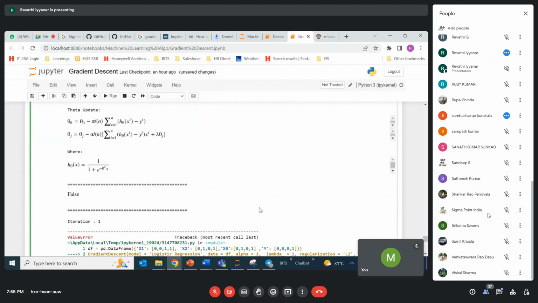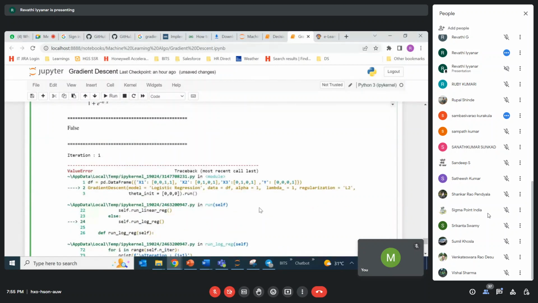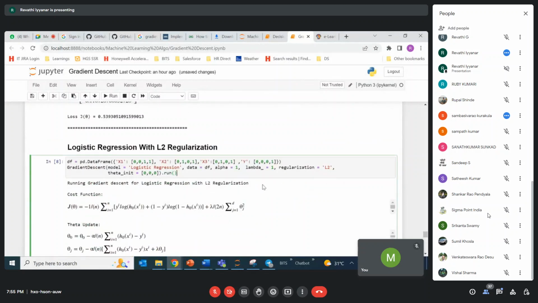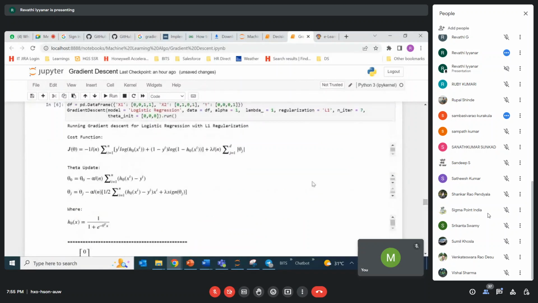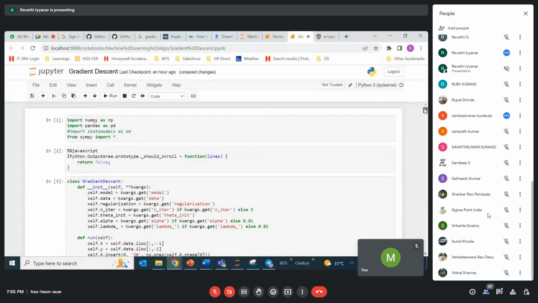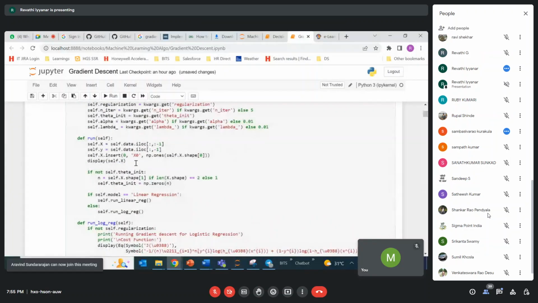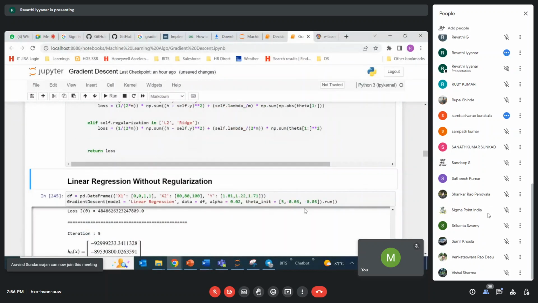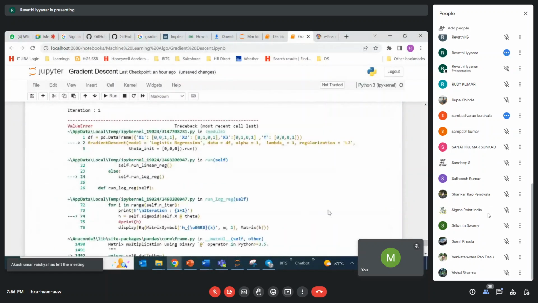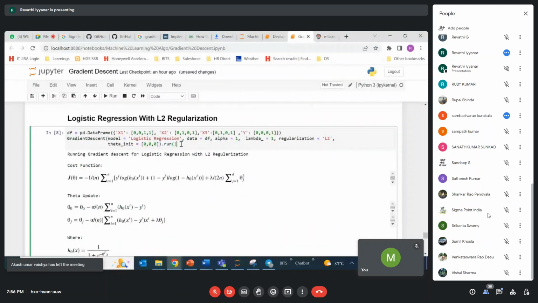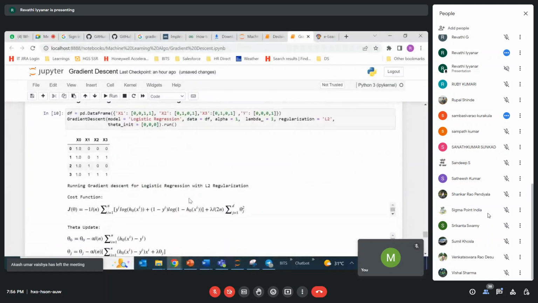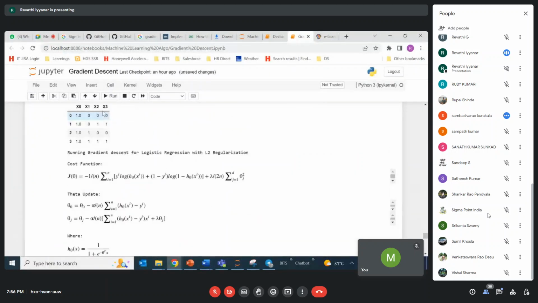So for logistic regression, all the things are there, and we have to modify it. I think it is only designed to take two inputs, x1, x2. That problem you may have to change actually.